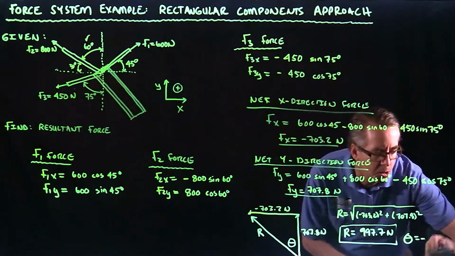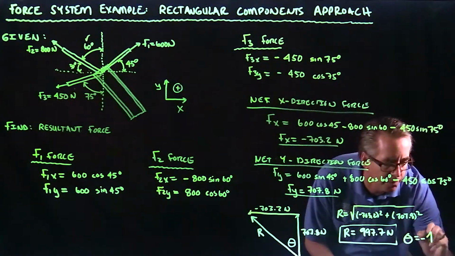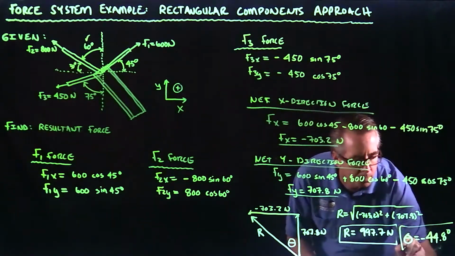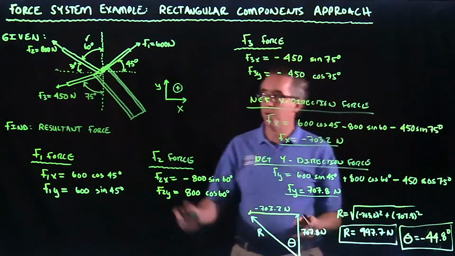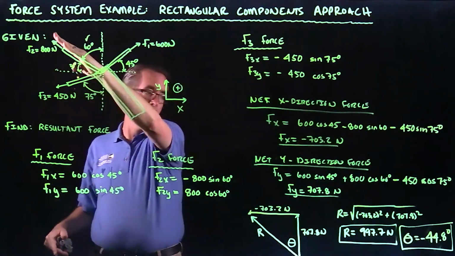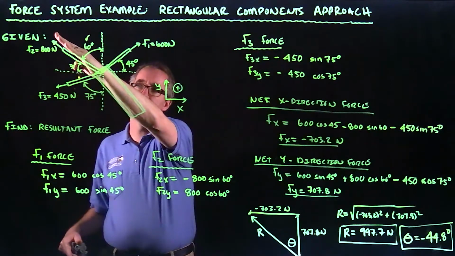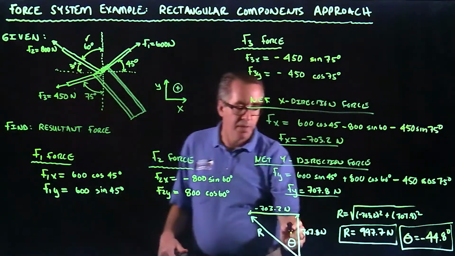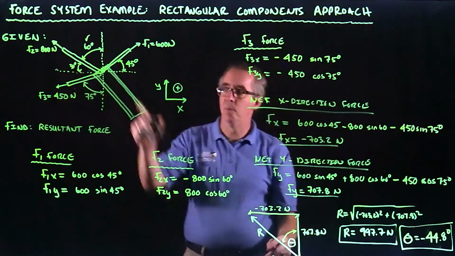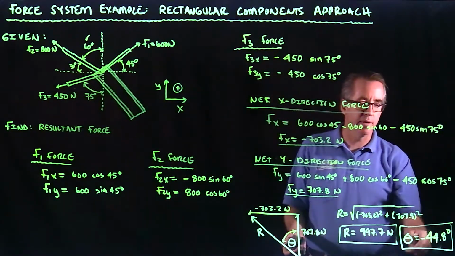There we go. Okay. So when we take all this together, the net force is some force of 997.7 newtons going off at an angle theta, which obviously is in this direction here, from the y-axis of 44.8 degrees.